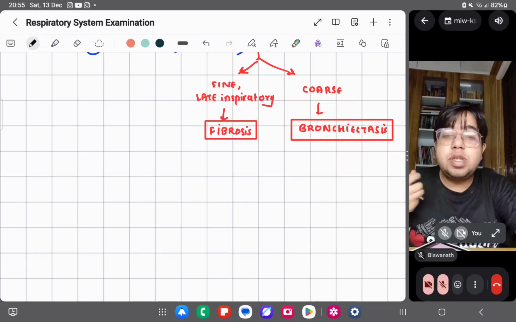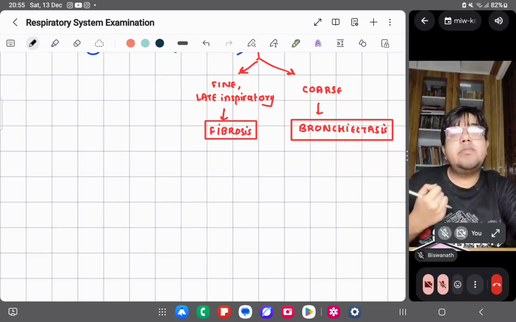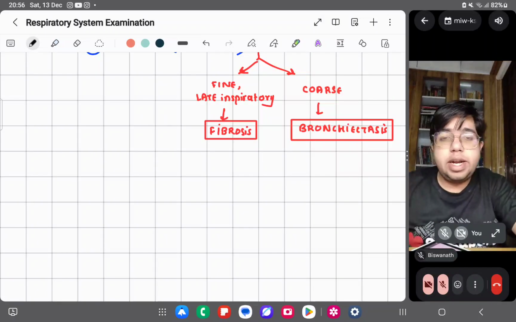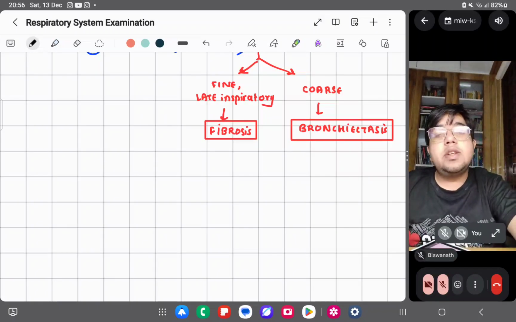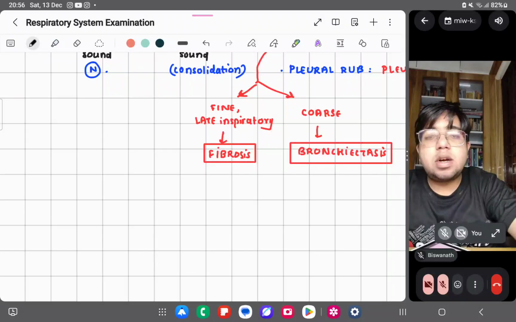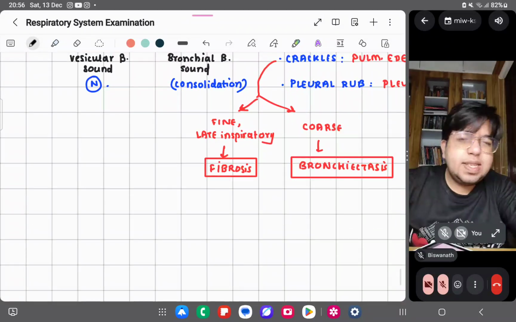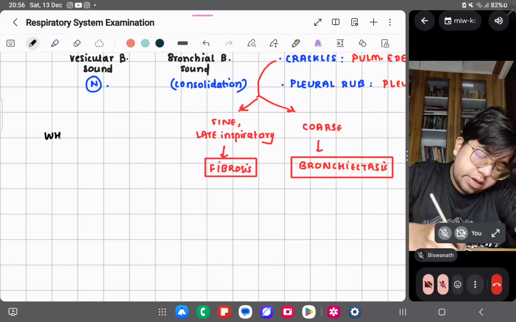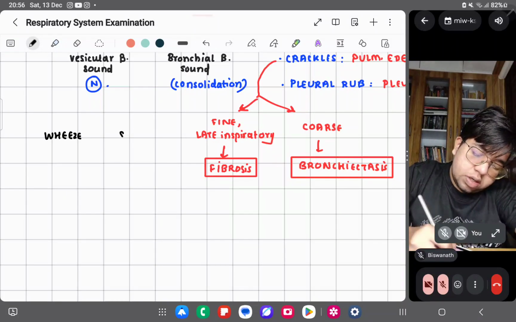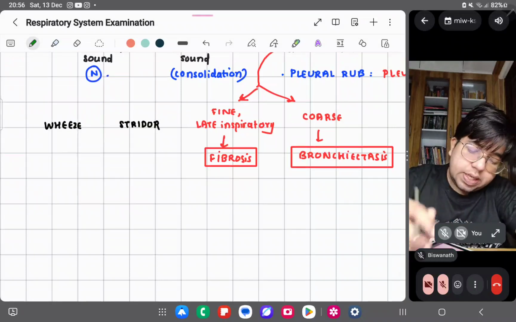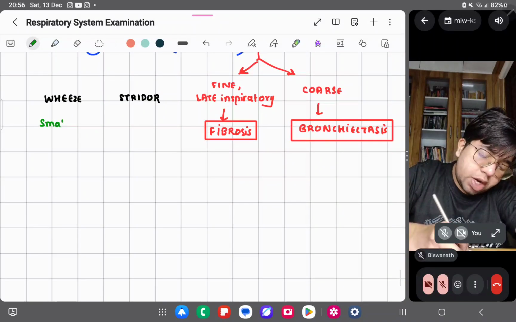It is due to any kind of laryngeal problem, which you can read in ENT also. Laryngeal edema can produce this kind of stridor. So wheeze is always of smaller airways. Small airways are involved.